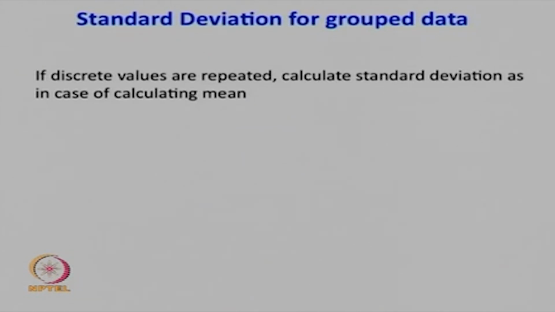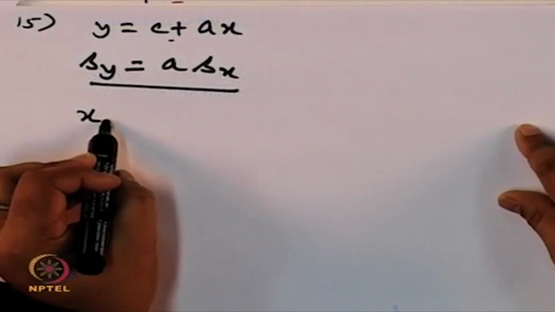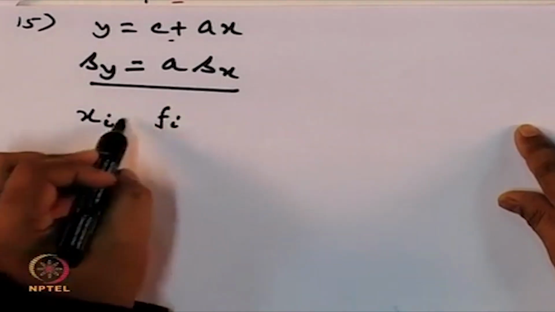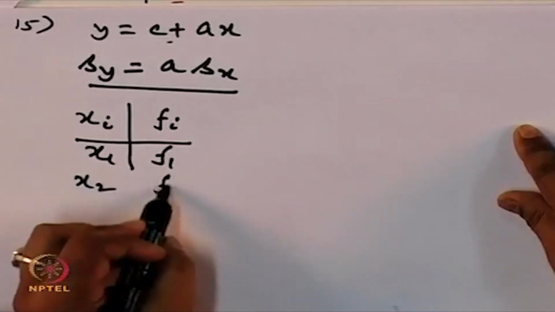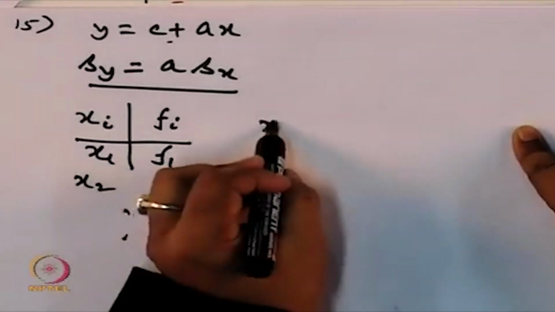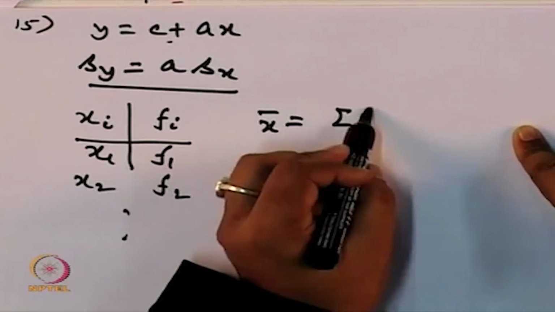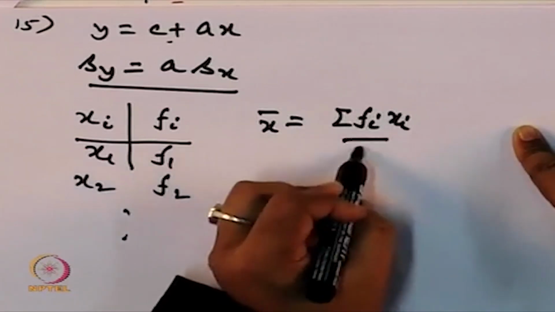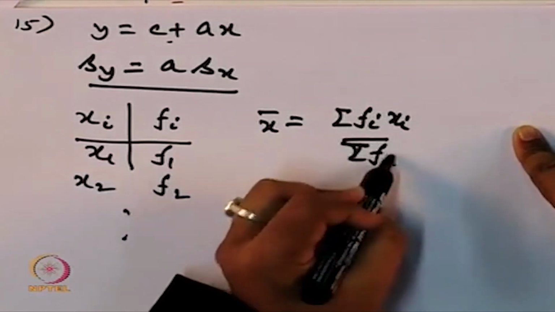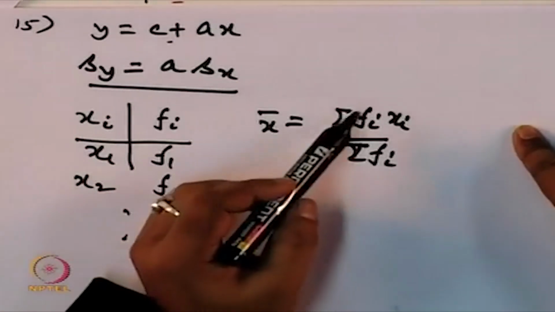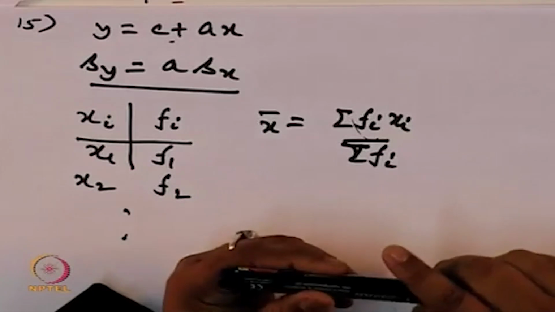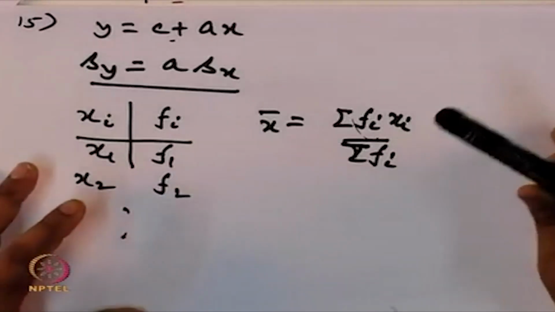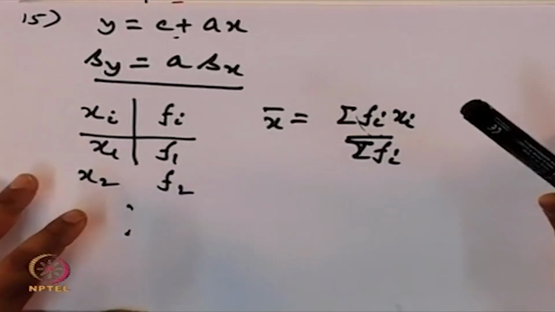For grouped data, if you have xi and an fi for the corresponding values, x1 is f1, x2 is f2, and so on, then my x bar is summation fi xi divided by capital N, or by summation fi. All I need to do is compute these frequencies and put them in place to get the final value. So that is all about the basics of standard deviation.